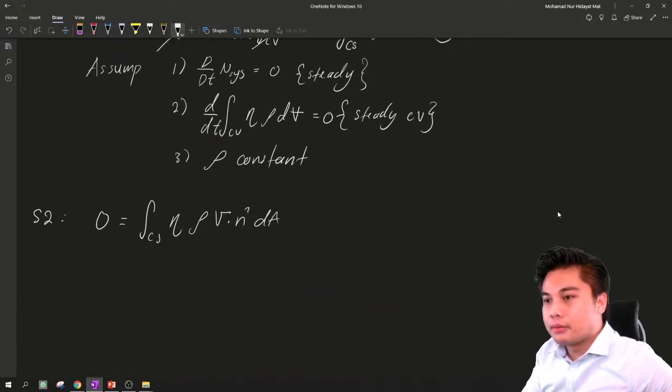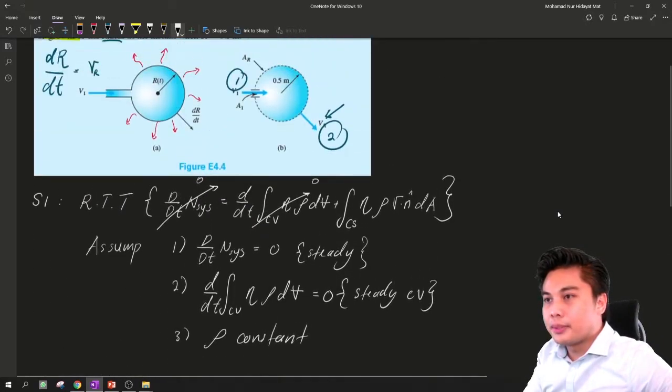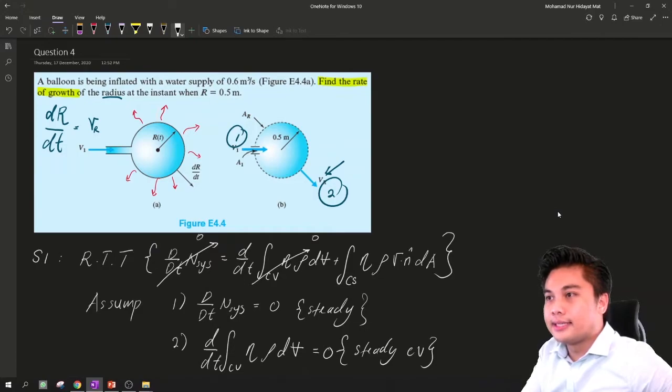So point number 1, control surface, 0 equal to intensive property we need to define, alright? Since the intensive property we can consider as the mass, the mass of water. When it involves water or air, we can consider it as the mass.